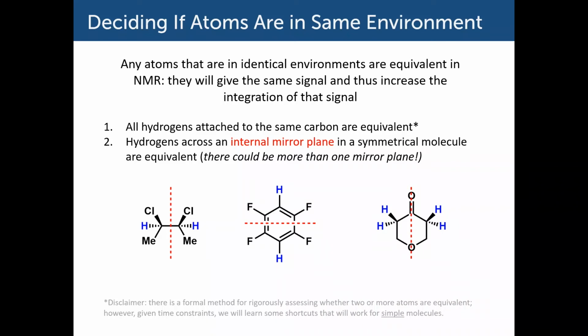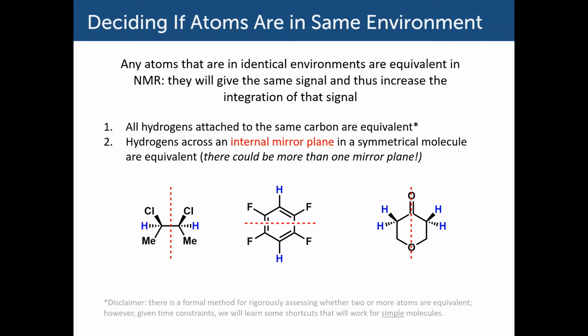Another way of saying that is that in the structure on the far right with the two oxygens, there are actually four hydrogens, the ones I've drawn. Those are all equivalent to each other, so they're all going to give a single signal with an integration of 4. I just want to be clear that structures can have more than one mirror plane. The examples that I'm showing you here all just have one mirror plane that we care about anyway.